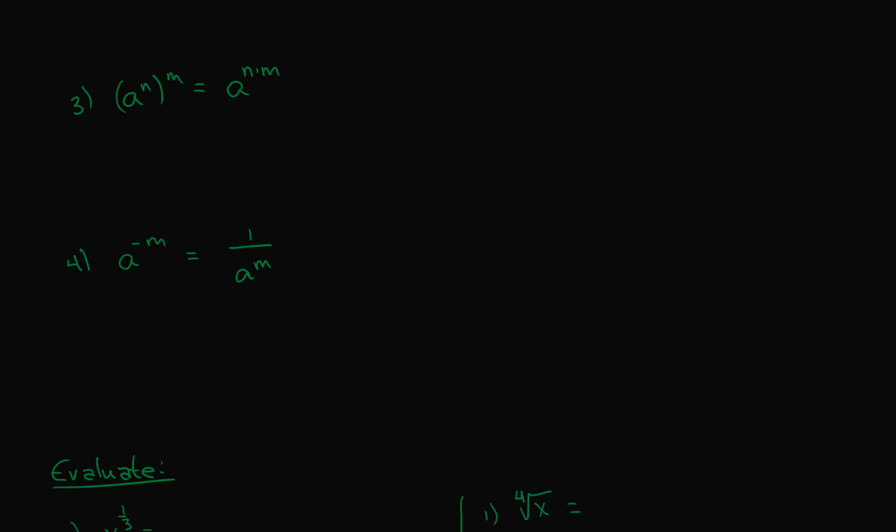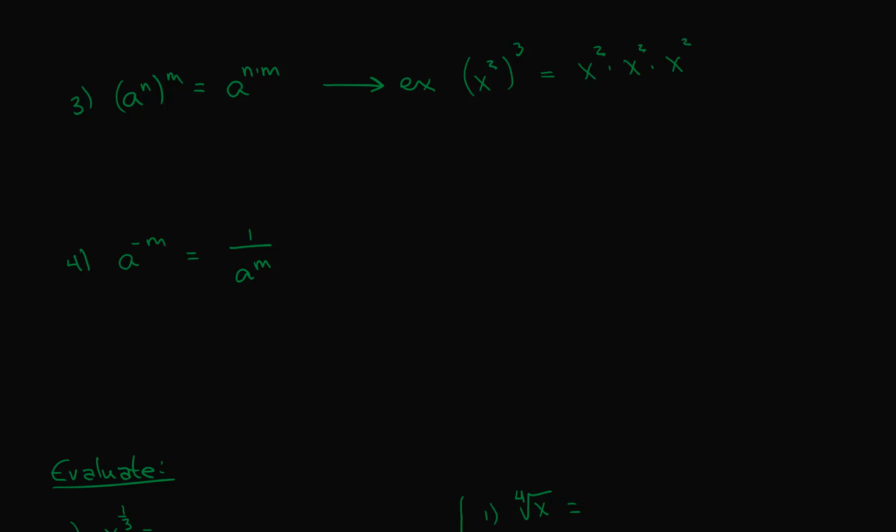The third property of the four that are critical to be familiar with is this one. And an example of this would be something like x squared cubed. And as in the earlier example, I'm going to be careful to use 2 and 3, not 2 and 2. Well, recall that if you cube x squared, that's the same thing as taking x squared times x squared times x squared.